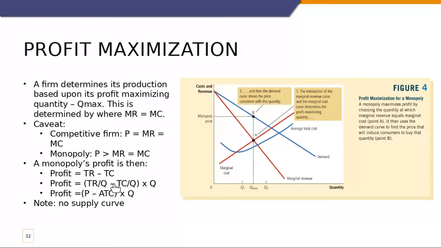If we divide by quantity, we get total revenue divided by quantity minus total cost divided by quantity, times quantity, equals profit. Or we can rewrite this as the price of a good minus its average total cost, times the quantity, gives us the profit for a monopolist. Note there's no supply curve in this example, though the marginal cost curve will function as the supply curve.